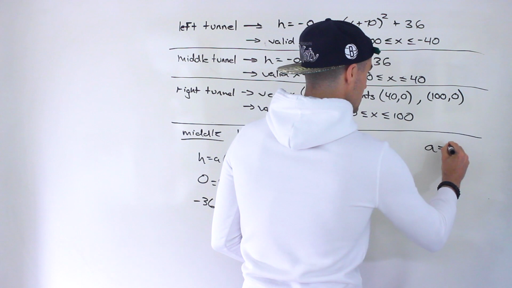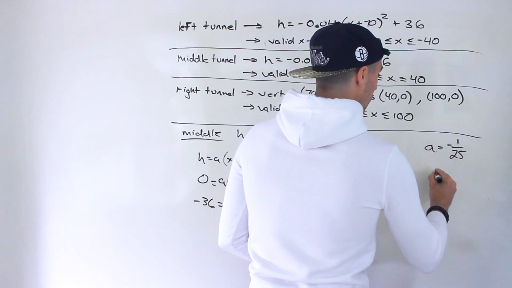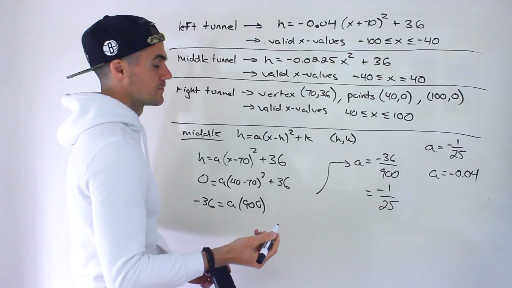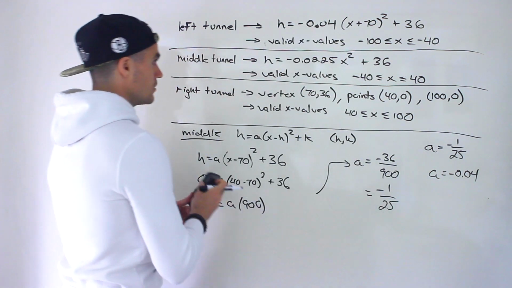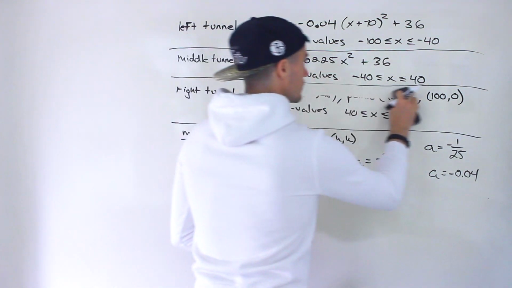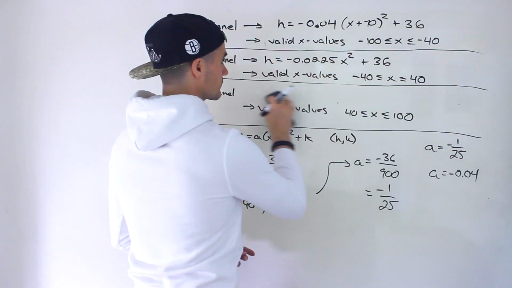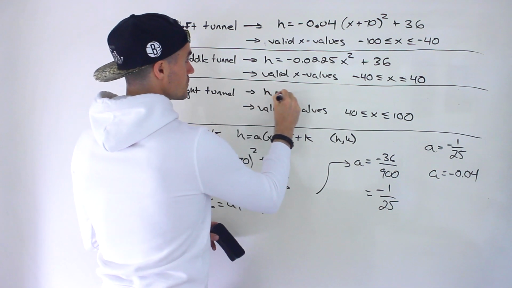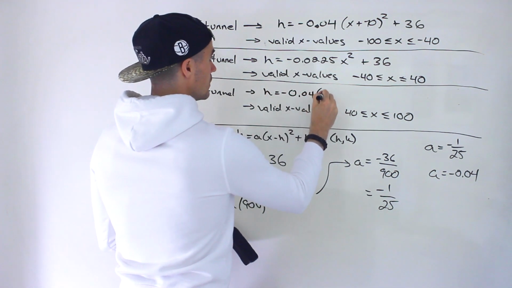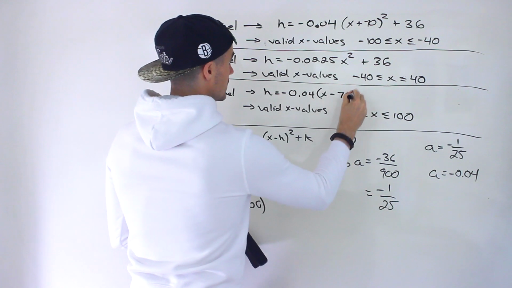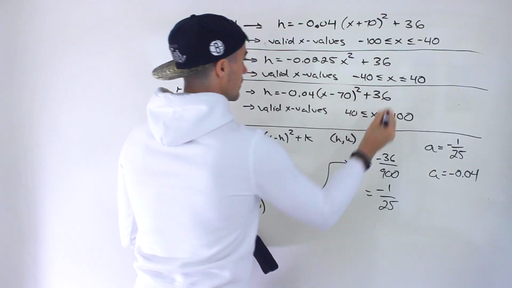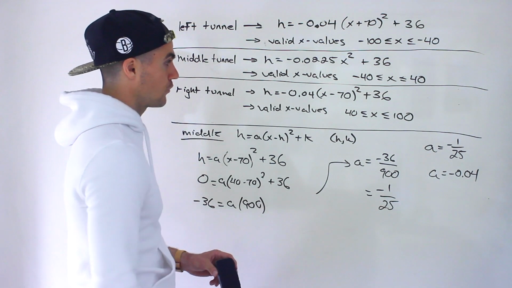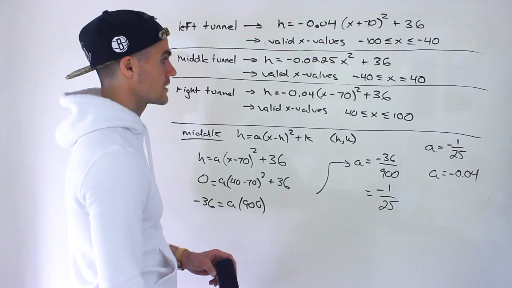So the a value is negative 1 over 25, or negative 0.04. Okay, so the equation for the right tunnel is going to be h equals negative 0.04 times x minus 70 squared plus 36, and the valid x values are between 40 and 100 for that right tunnel.